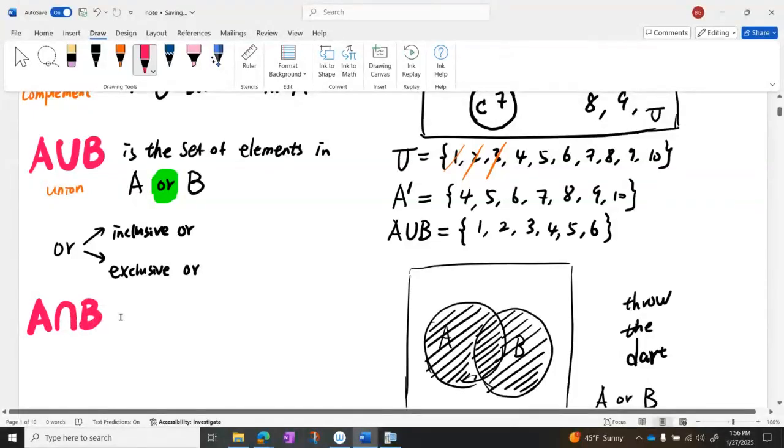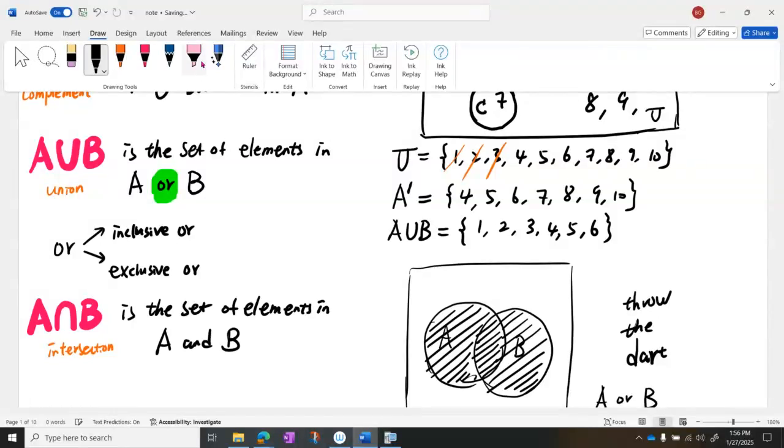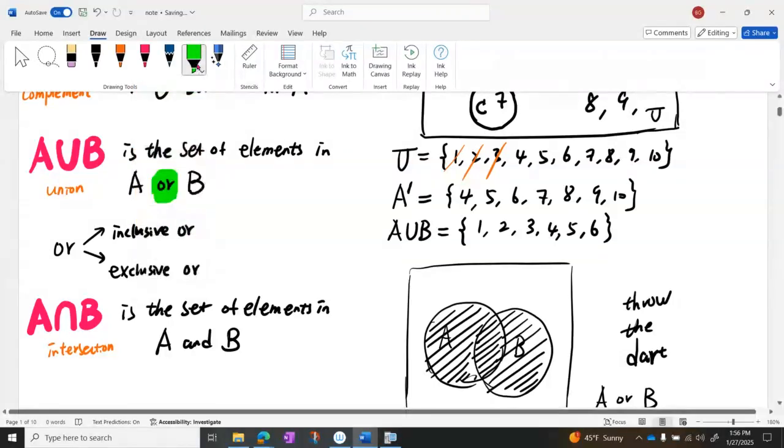The notation here is not a U, it's the upside down U. The union notation, flipped upside down. This notation represents a different concept. It means intersection. It represents the intersection of set A and set B. It is the set of elements in A and B. One word different.